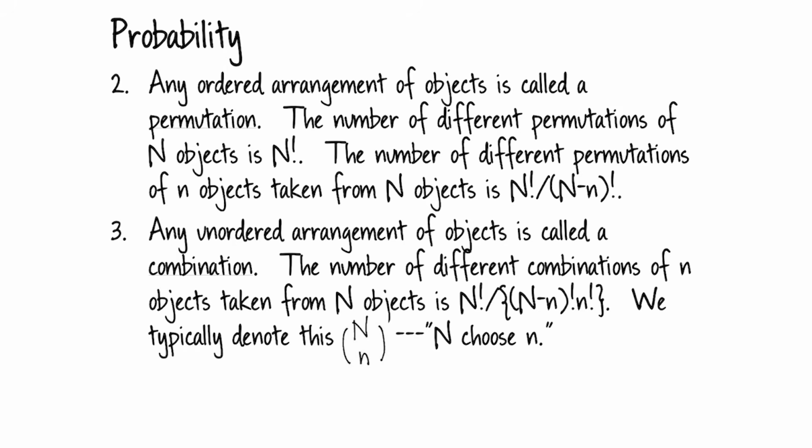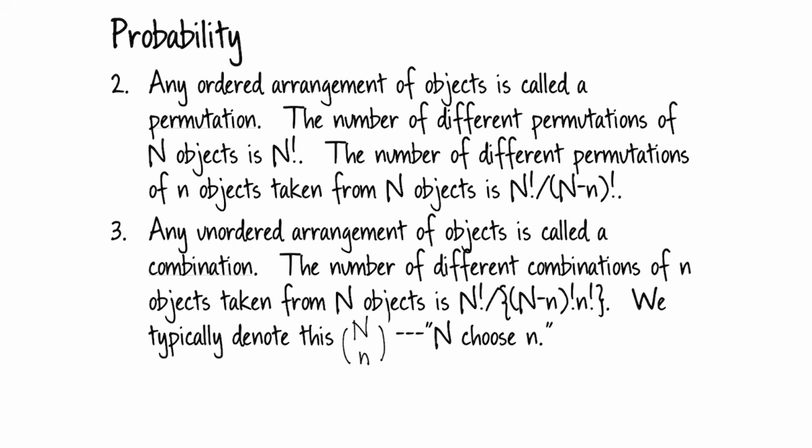I used this counting rule on the second license plate example. More generally, the number of different permutations of little n objects taken from big N objects is big N factorial over big N minus little n factorial. This is exactly the counting rule that I used in the license plate example.